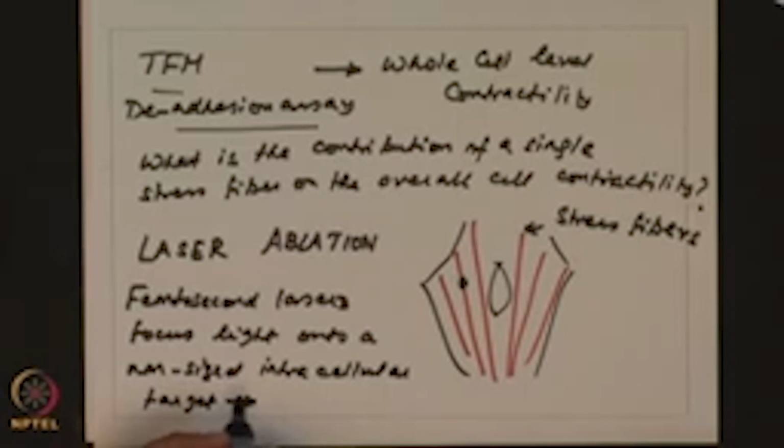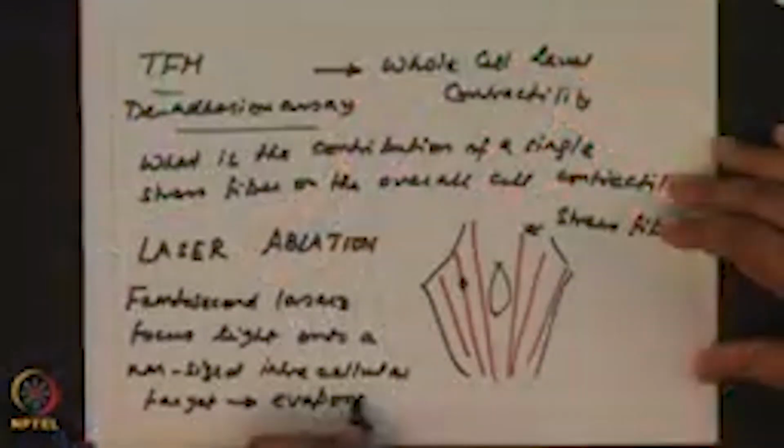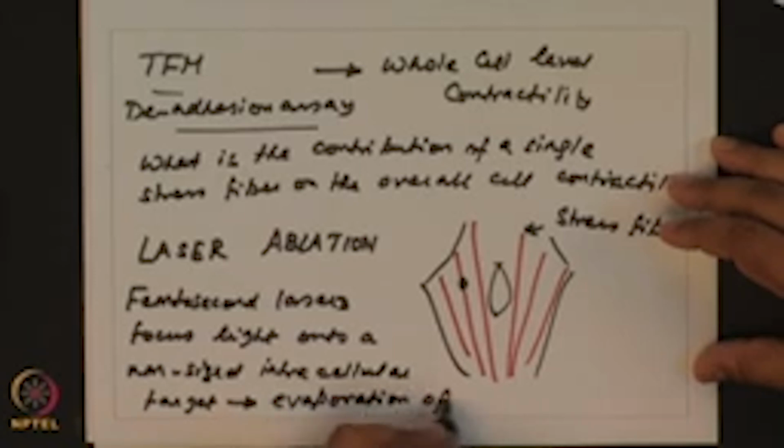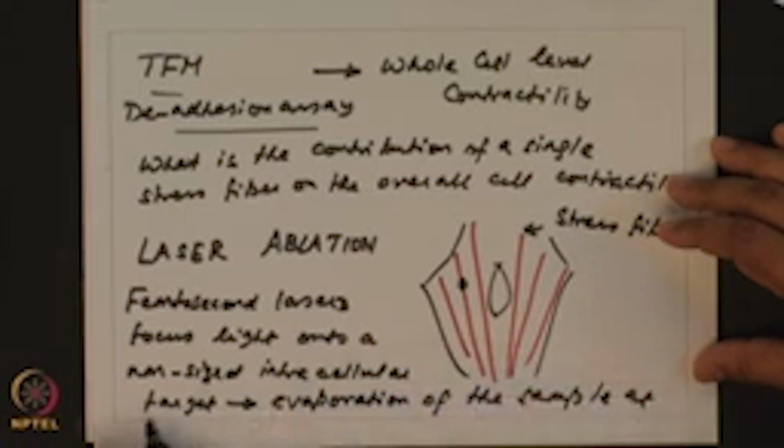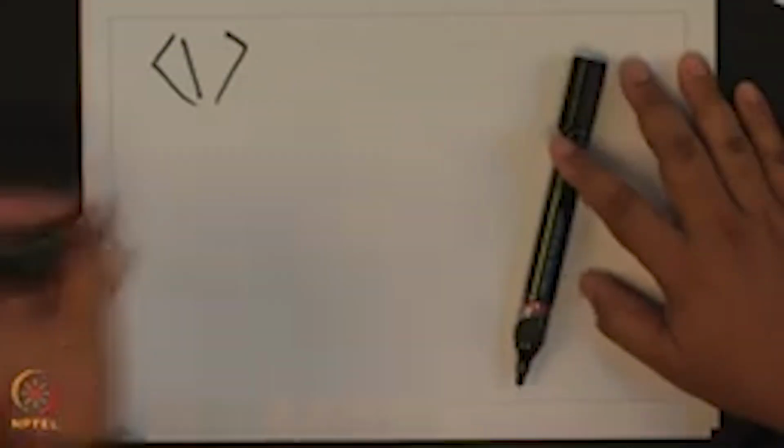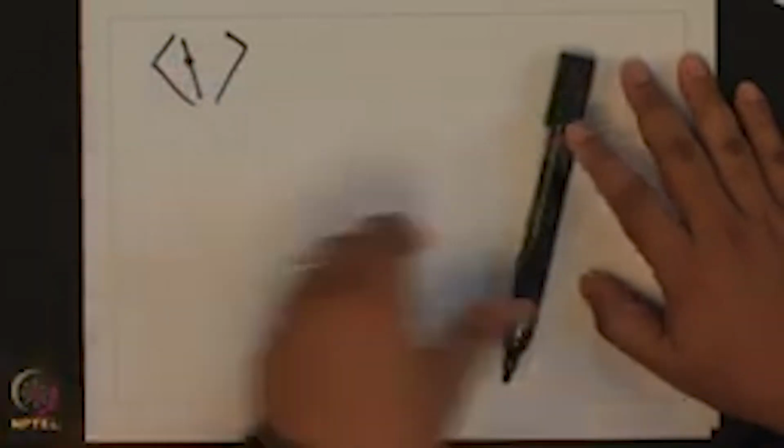This light is so focused that it will lead to evaporation of the sample at a single point, the point where you have focused. So imagine I have this cell and this is one such stress fiber in which I focused light at this single point.